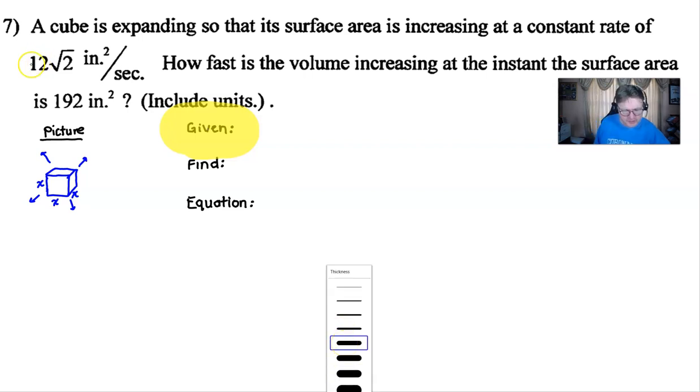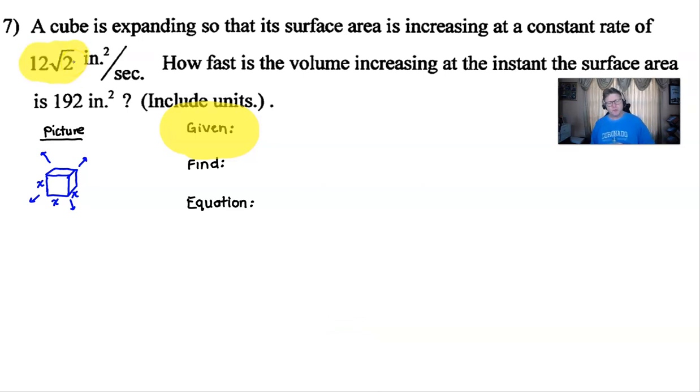All right, so in other words, we're going to be focusing in on this guy right here, this 12 root 2. And so we want to know, okay, that 12 root 2 is some kind of a rate, but a rate of what? And if we continue reading through the problem, it says that the surface area is what's changing by 12 root 2.